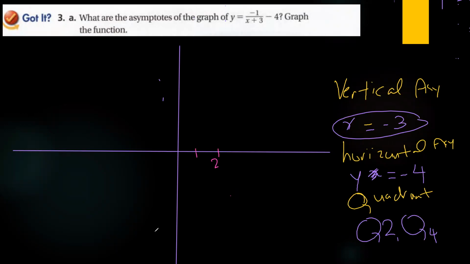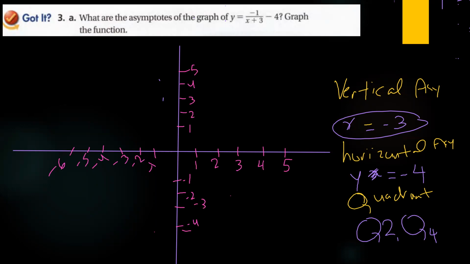So this is 1, 2, 3, 4, and 5. -1, -2, -3, -4, -5, and -6. 1, 2, 3, 4, and 5. -1, -2, -3, -4, and -5.